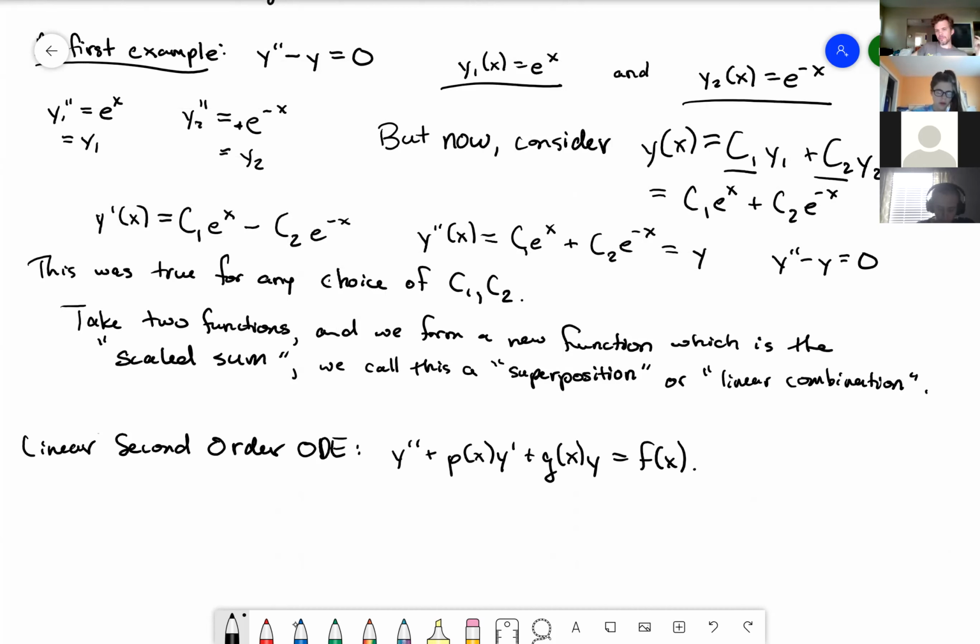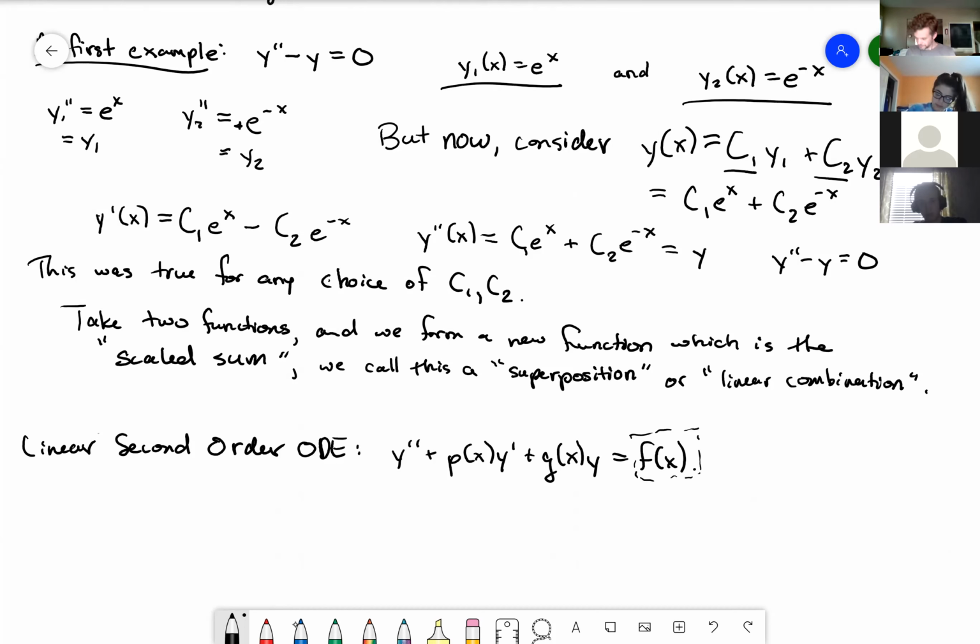So we're taking these three derivatives, the zeroth derivative, the first derivative, and the second derivative, we're multiplying some function by them, and then we're adding these all up. And then we have some term on the right-hand side, which is entirely x. So it's linear because we only have the y double prime, y prime, and y. None of them are multiplied by each other.